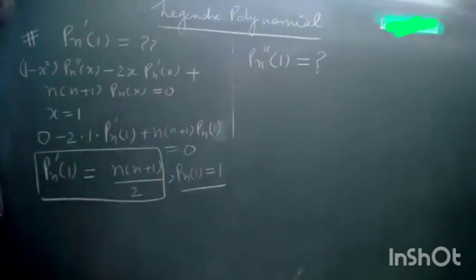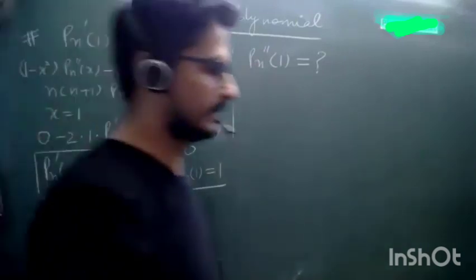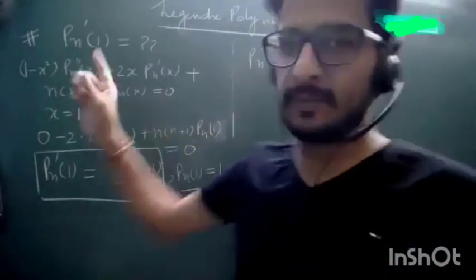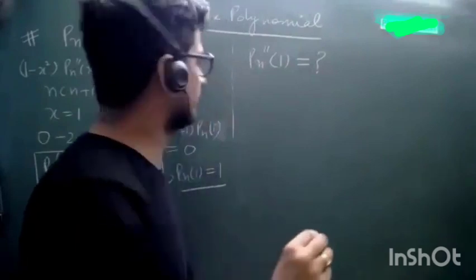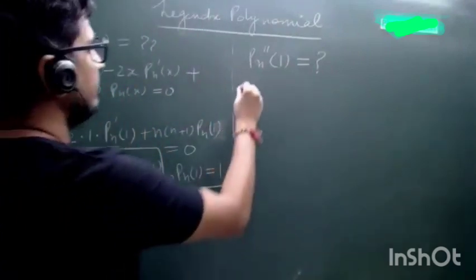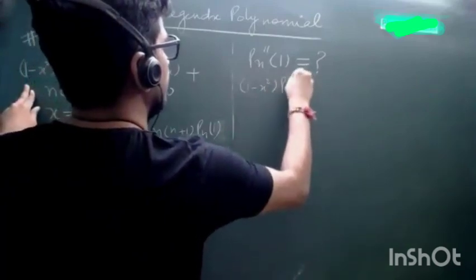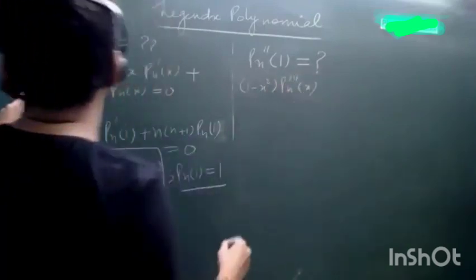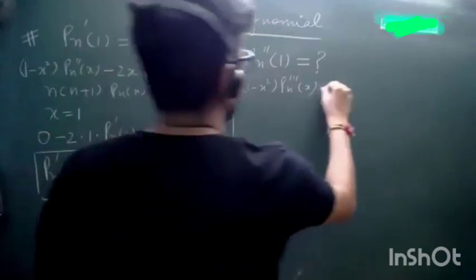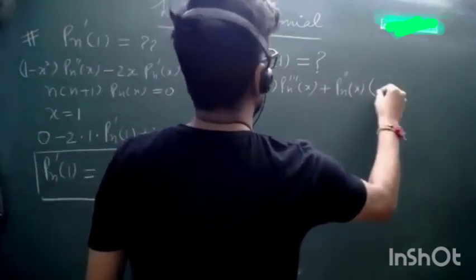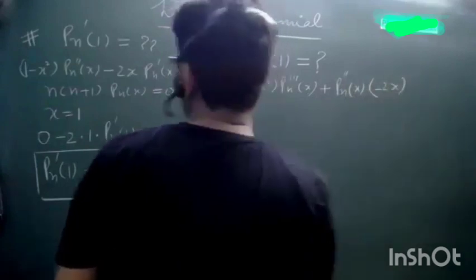So for this type of question, the trick is that first of all take a derivative so that you will get two terms. So the first derivative is 1 minus x square Pn triple dash x, and the second is plus Pn double dash x into minus 2x.